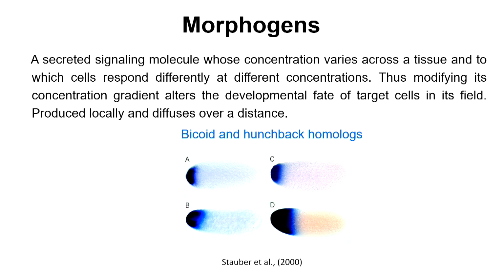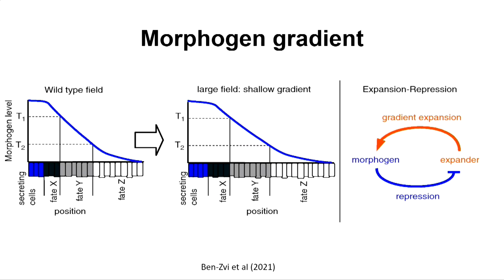There are various mechanisms to restrict this gradient, and the concentration gradient of these morphogens along the axis of the developing embryo determines the cell fate. For example, fate X, Y, and Z depends on the concentration gradient of these morphogens along the axis of the embryo.